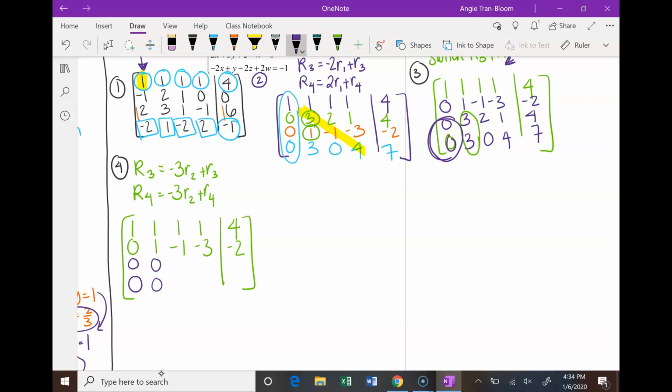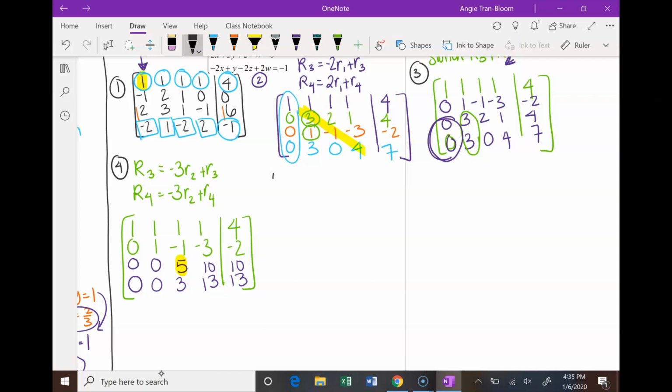Then row 3, I'm going to have 0, 0, 5, 10, and 10 with my row 3 changes. Row 4, I will have 3, 13, and 13.